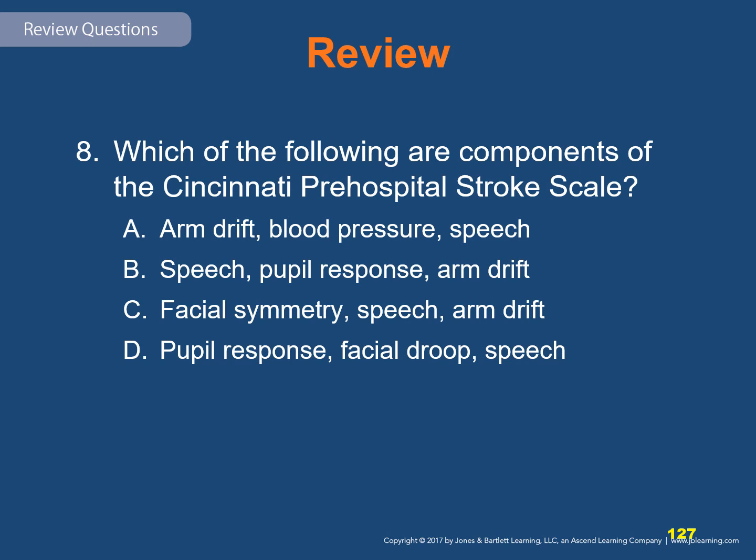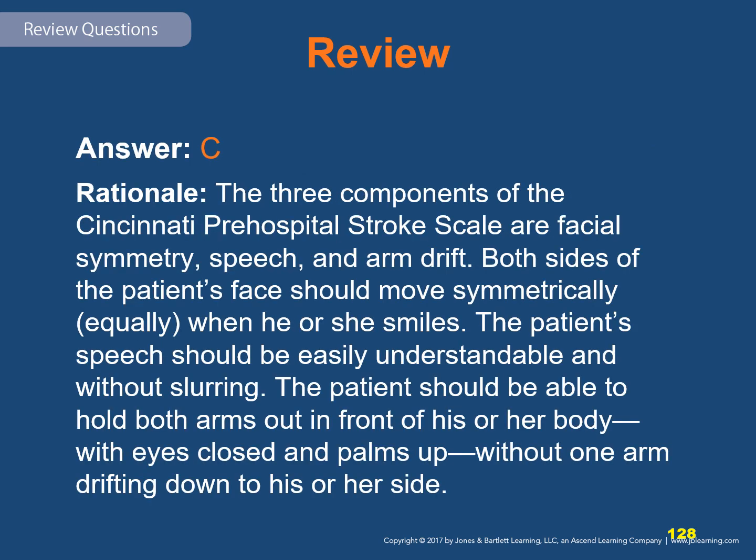Now, when you're doing your homework, taking pop quizzes, etc., pull out your table and look at the Cincinnati Pre-Hospital Stroke Scale, and you'll see exactly what it's looking for. So let's see if you figured out the correct answer. It is C. The 3 components of the Cincinnati Pre-Hospital Stroke Scale are facial symmetry, speech, and arm drift.